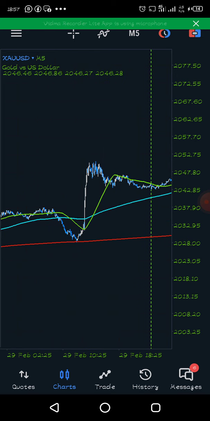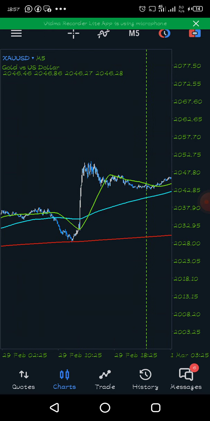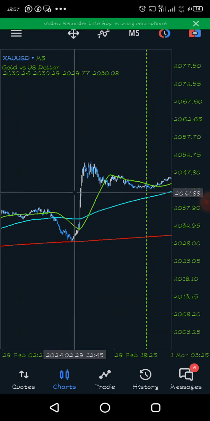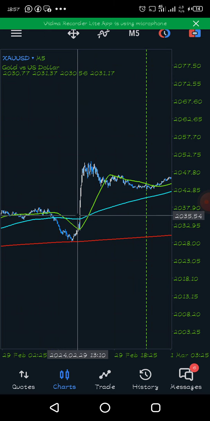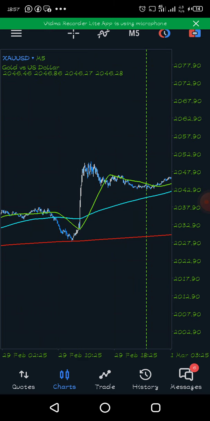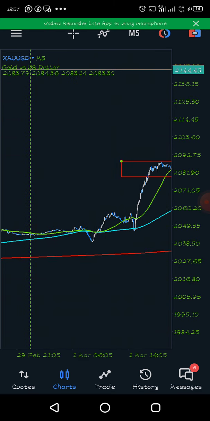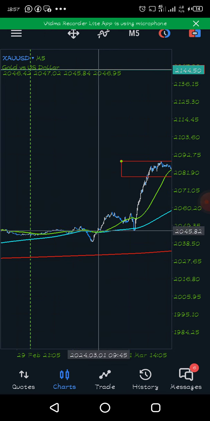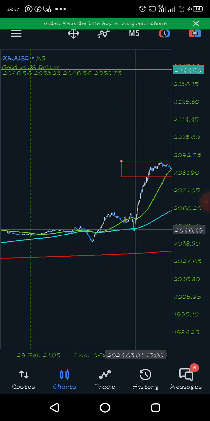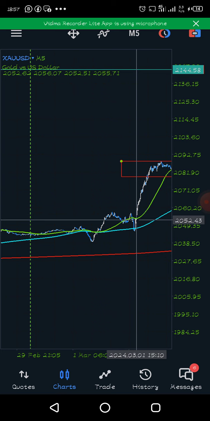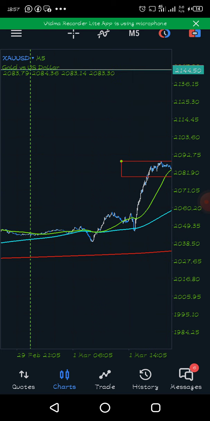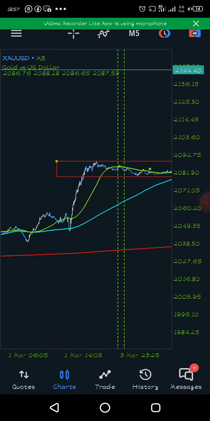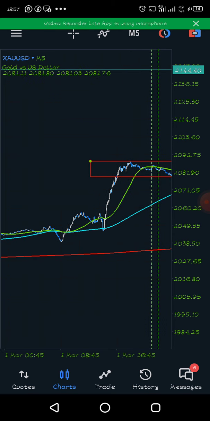Once you take it at the cross of 50 and 200, so for instance, somewhere around here, it crosses here and here, you can take your trade. So it shows that you are good to go. It crosses the 50 here and the 200, then you can take your trade. It crosses, it changes back, crosses 50 here too, you can take your trade. You see that your stop loss is very small while your profit is so high.